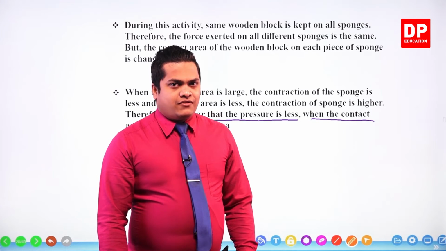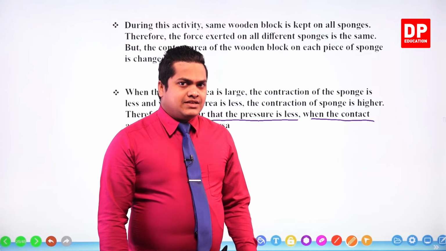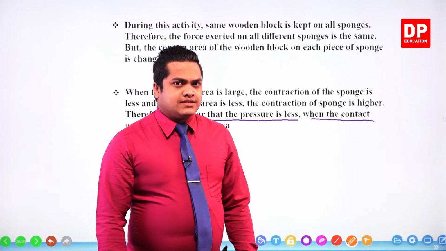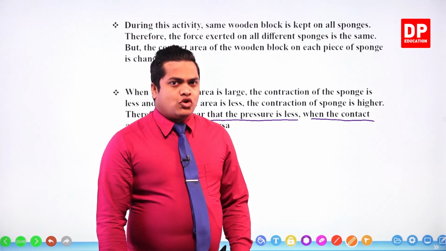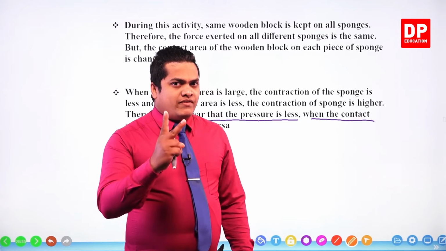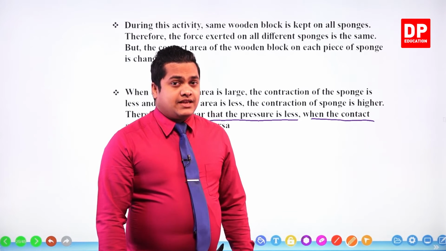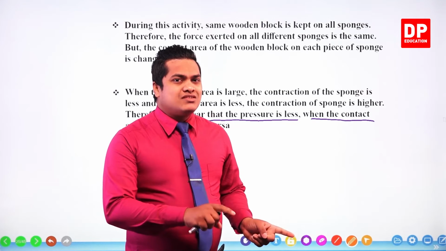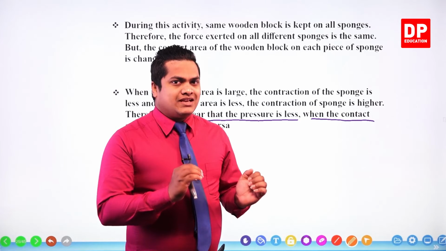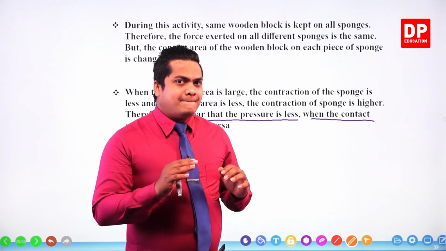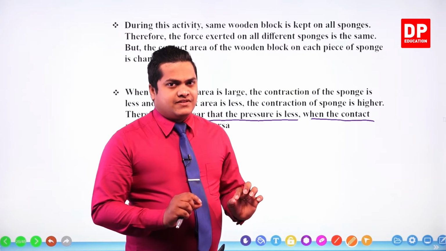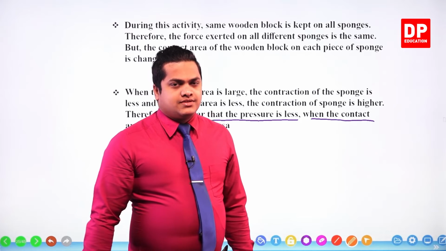When the force increases, pressure increases. When the force decreases, pressure decreases. So force is showing a direct relationship with the pressure. However, the second factor, the surface area, is showing an inverse relationship, an opposite relationship. When increasing surface area, pressure decreases. When decreasing surface area, pressure increases.